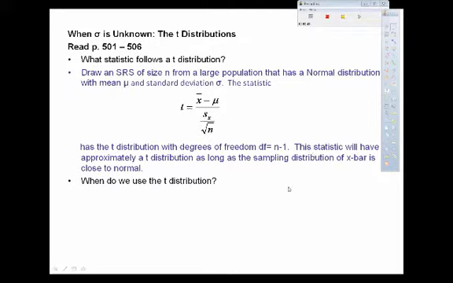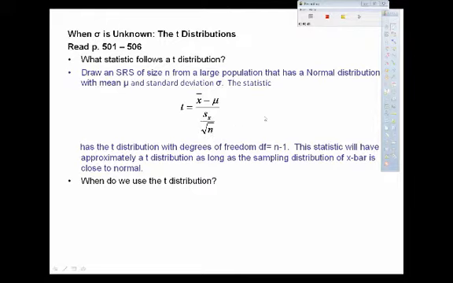Okay. If you draw an SRS of size n from a large population that has a normal distribution with mean mu and standard deviation sigma, the statistic is T equals your sample mean minus your population mean over the standard deviation of x bar over the square root of n.